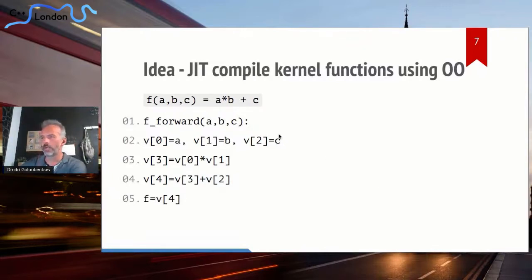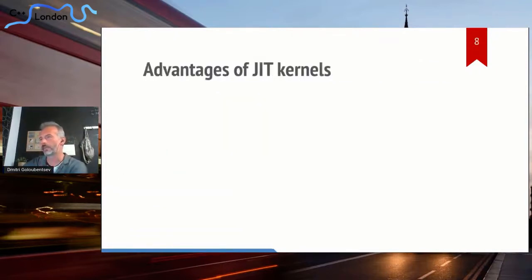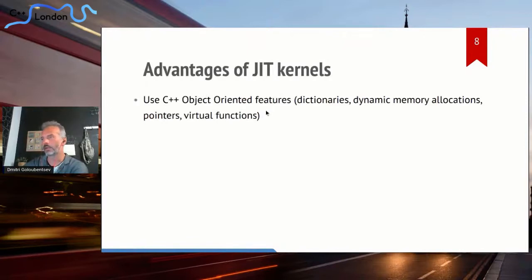So what did we actually achieve? We simply replicated the same calculations, and the original user program is perfectly capable of doing the same thing. So what are the advantages of these JIT compiled kernels? We can use all the features in object-oriented programming. So we can do some dictionary lookups to resolve some dependencies.